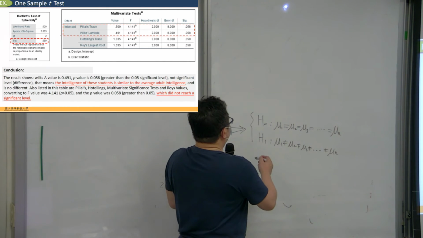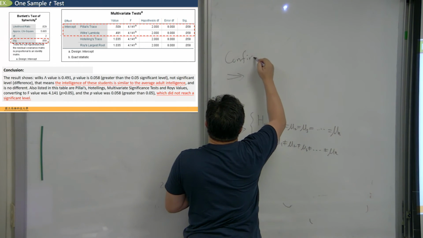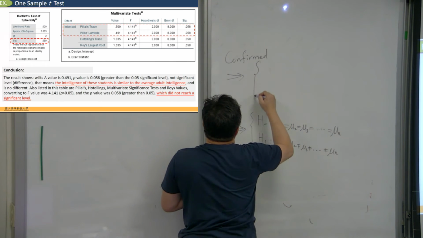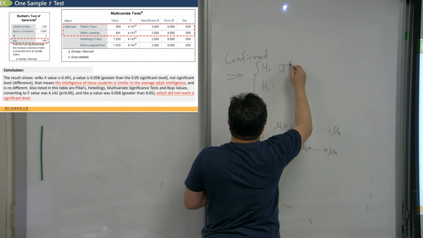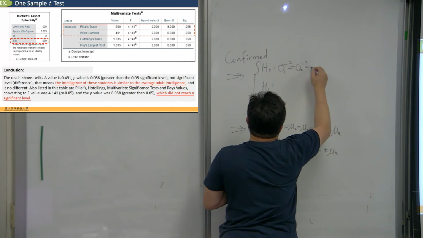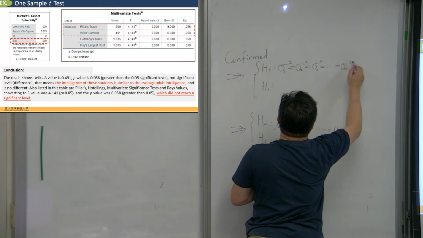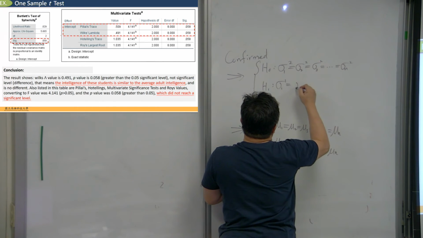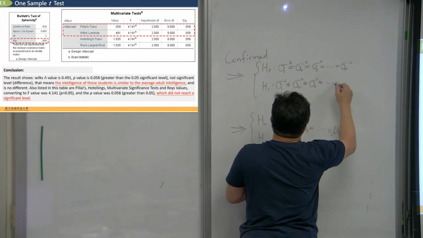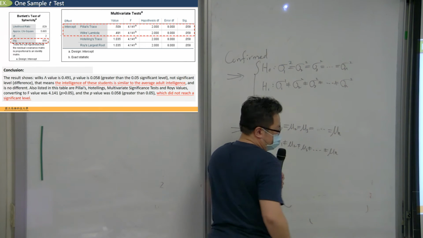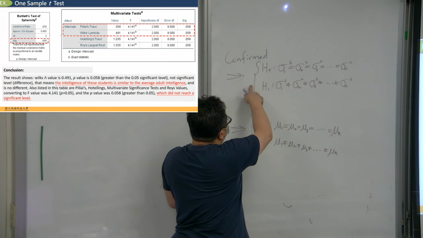That means, before we're doing that, we have to confirm one thing. Their variance will be equal or not. Before you're doing this, you have to confirm this.